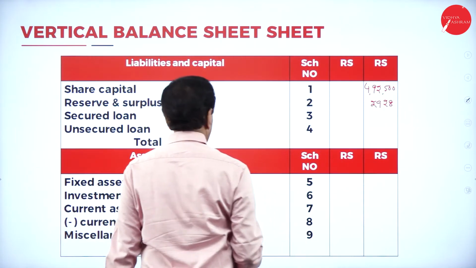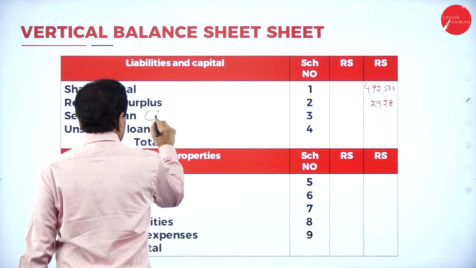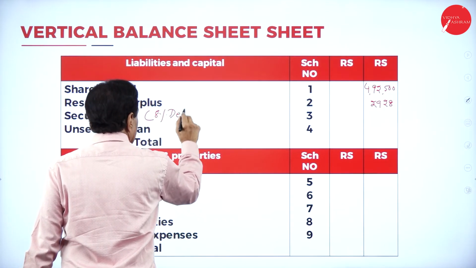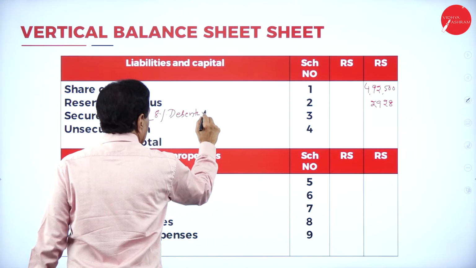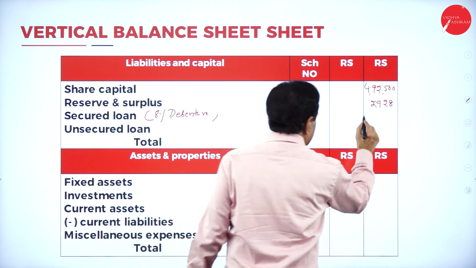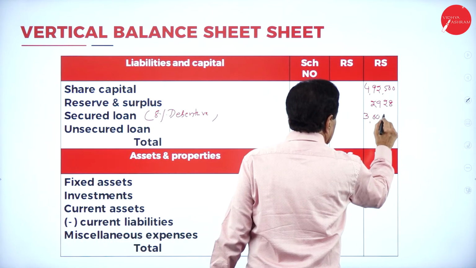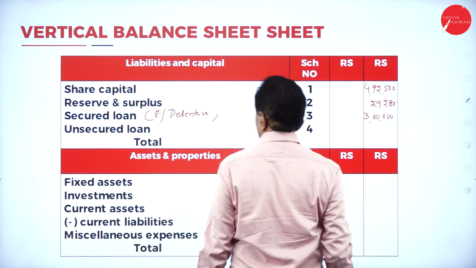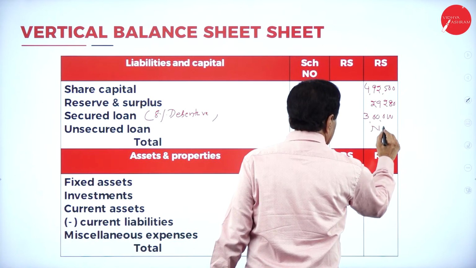Then secured loan, debenture 3 lakh. Then unsecured loan nil.